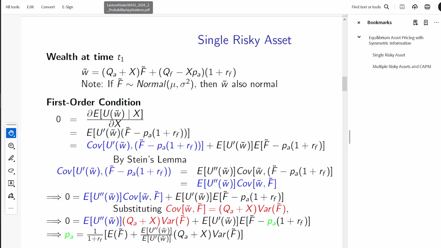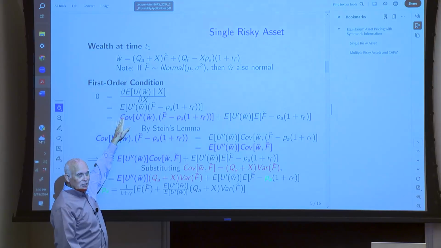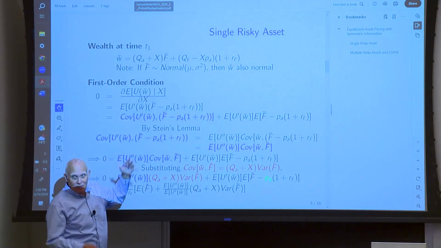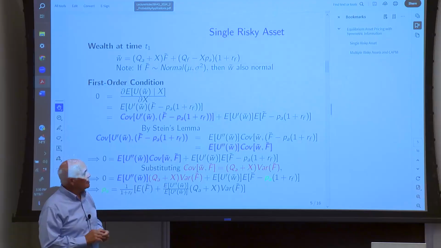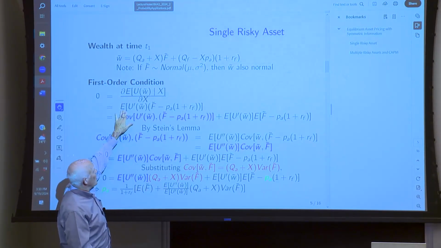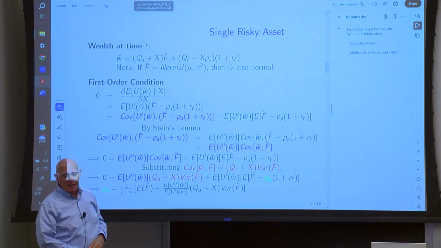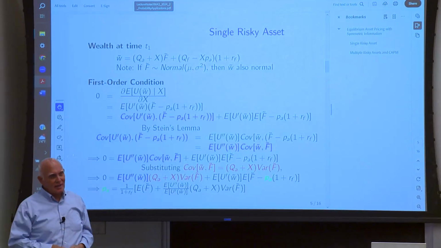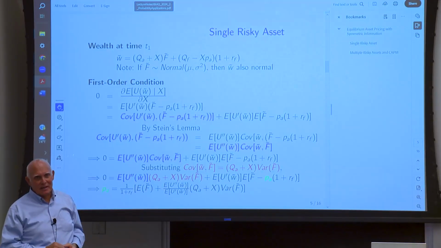Then if we look at the expected utility and try to take the derivative of that with respect to x, then under certain conditions we can take the expectation of the derivative with respect to x of the integrand with the expectation. Now, under what conditions is it feasible to differentiate underneath the integral sign when you're doing computations in calculus?